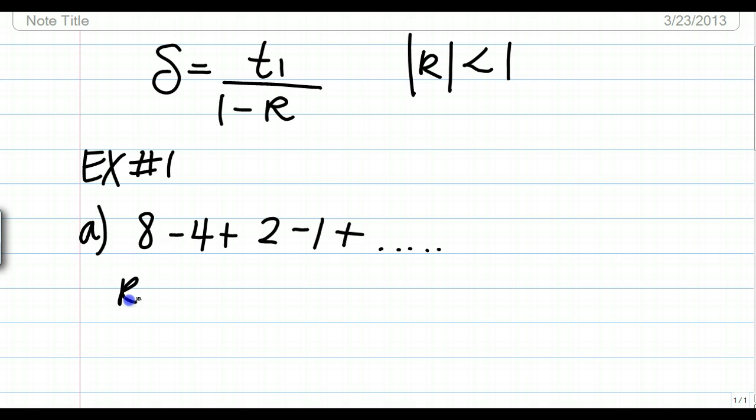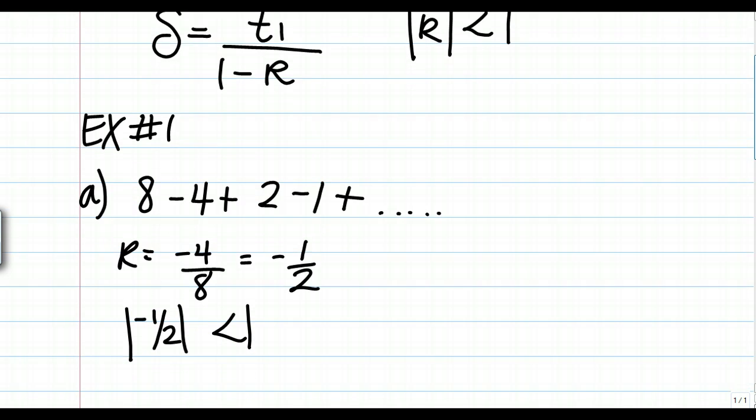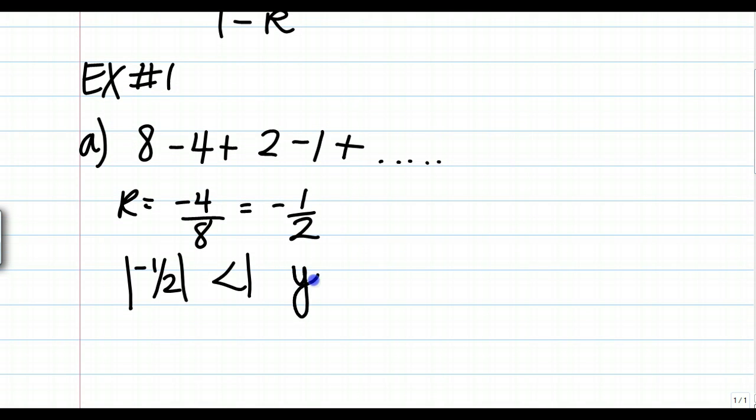So we know that R is negative 4 divided by 8, which is negative 1/2. Is the absolute value of negative 1/2 less than 1? So is 1/2 less than 1? Yes. If it is, then you can go ahead and use the formula.